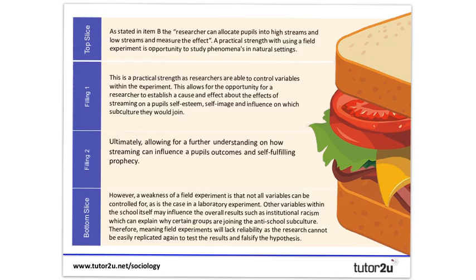Therefore, meaning field experiments will lack reliability, as the research cannot be easily replicated again to test the results and falsify the hypotheses. Now, as you can see, that is how a PET paragraph should really be looking, because you've got your strengths, you've got your weaknesses, and you've got all of your explanations and your depth to your answer being given as well.